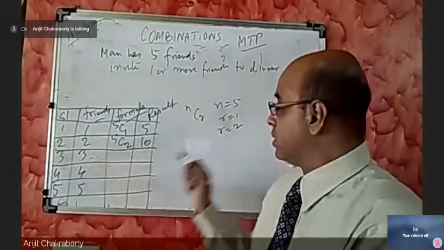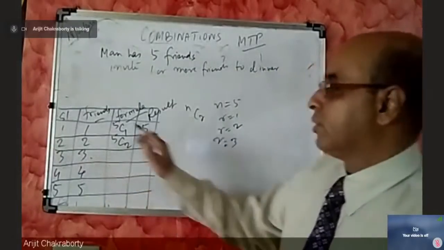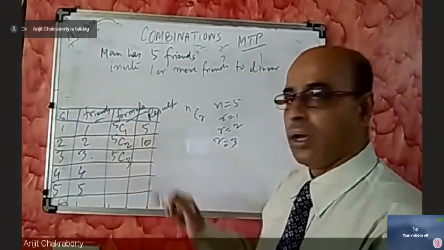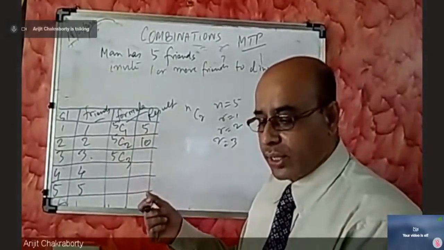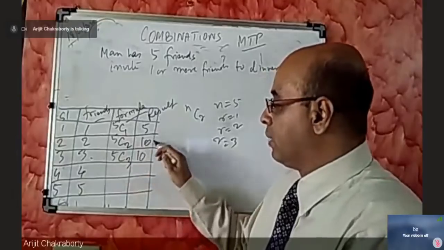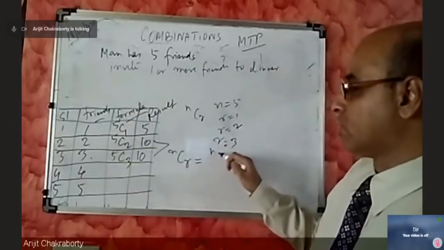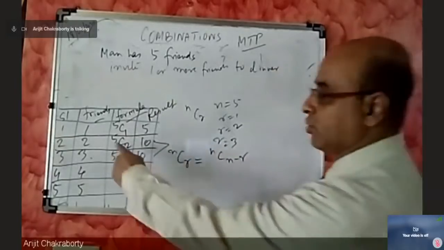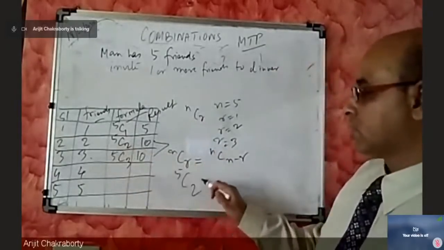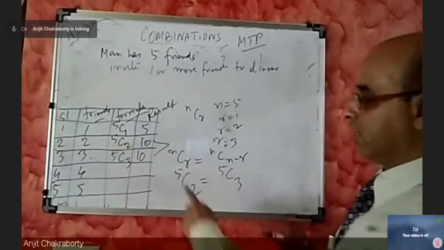3 friends. So R becomes 3. 5C3 is the formula. 5C3, you will see it also becomes equal to 10. Please see the formula NCR we saw. NCR is equal to NC(N minus R). So 5C2 is also equal to 5C3.